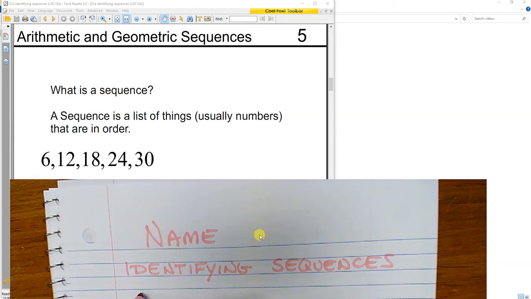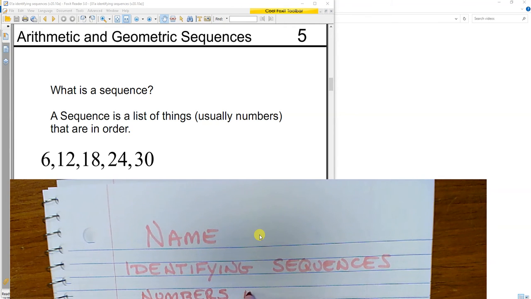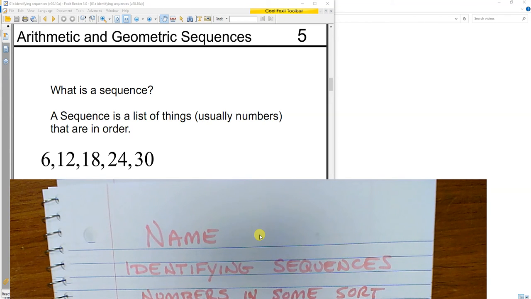So numbers in order. In this case, we have 6, 12, 18, 24, and 30.